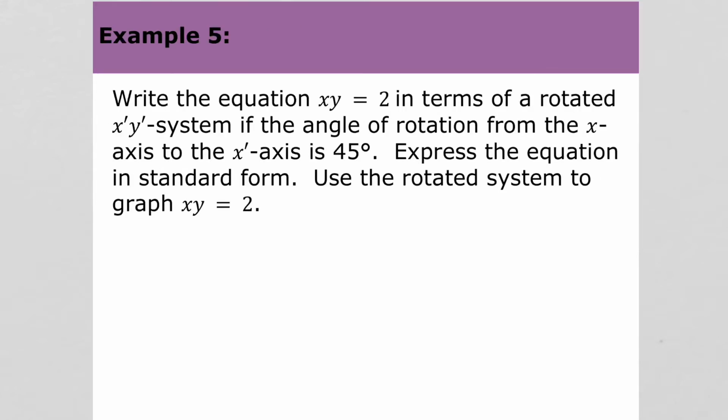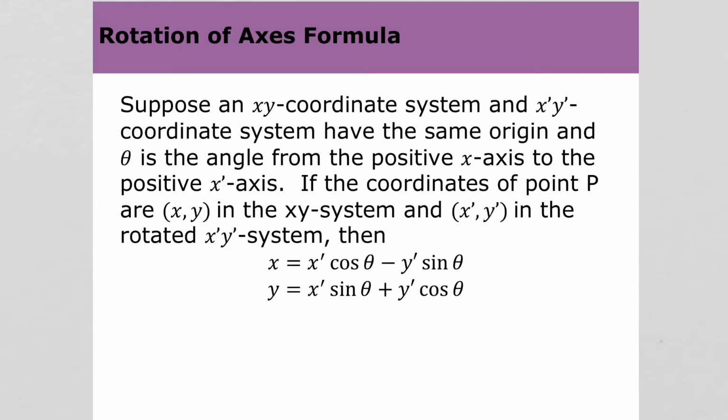Is there a picture of this? No. Let's draw a picture. So here's the x-axis and the y-axis. What's happening here is the x-axis is being rotated by some degree theta.